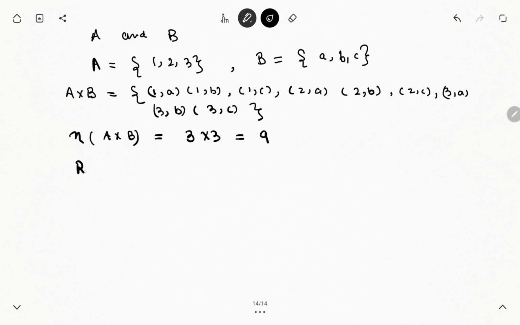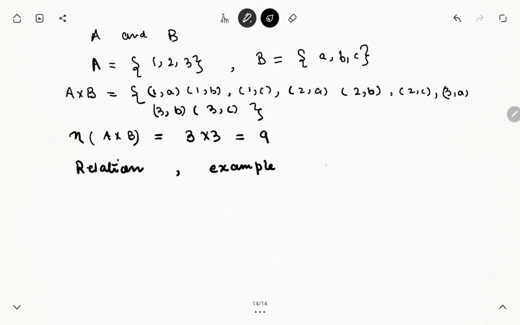Now, what is relation? Relation is a way to relate the elements of A with B. So we need a particular definition of the relation, right? So, an example of relation. This is from class 11. That's why I'm not taking very detailed explanation, only an example I'm giving you.